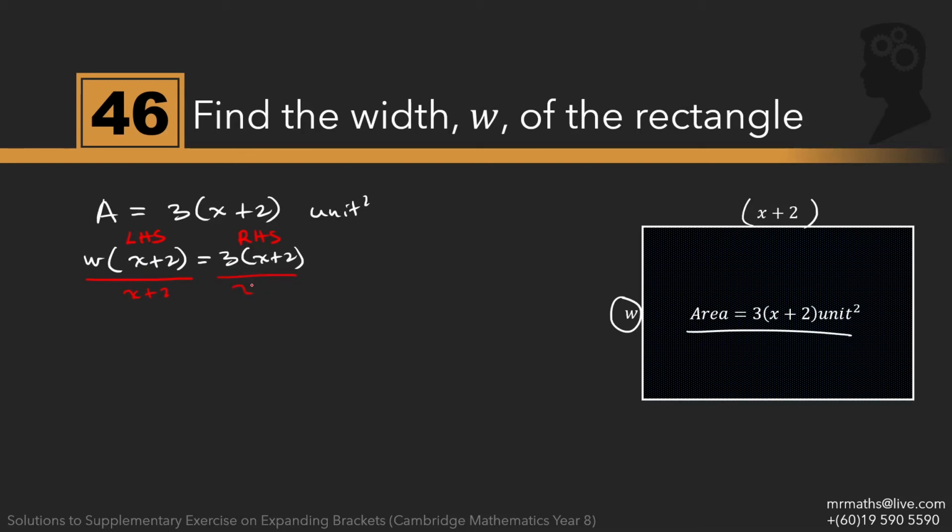And again, over here as well, we have to divide both sides by x plus 2. If we divide the left hand side with one expression, we must also divide the right hand side with the same expression, to make it balance. So now x plus 2 and x plus 2 becomes 1, and over here as well, x plus 2 divided by x plus 2 becomes 1. So what is left over is W and 3.